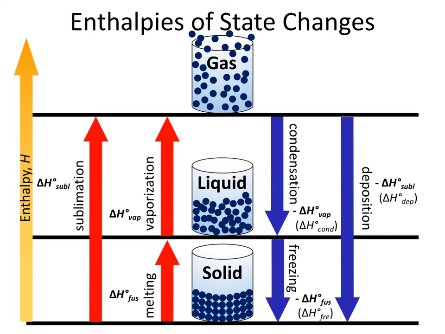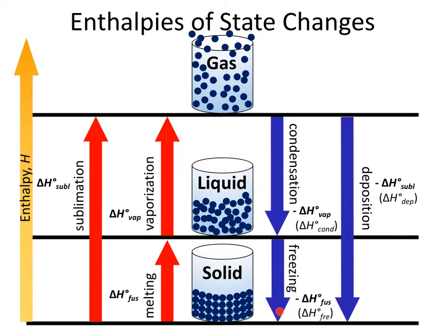As we go from solid to liquid, we're going to have our delta H of fusion, and then delta H of vaporization, aka melting, or in this case, vaporizing. Now, if we went the other way, condensation, we're going to call this the negative delta H of vaporization. It's the opposite here, but you might see in some textbooks or other resources that it'll be called delta H of condensation.